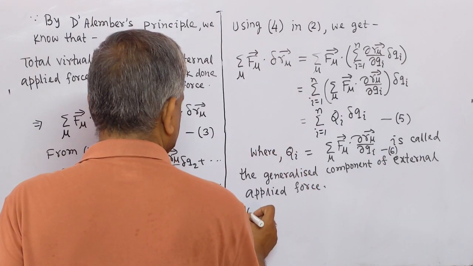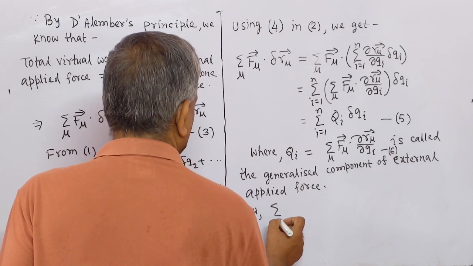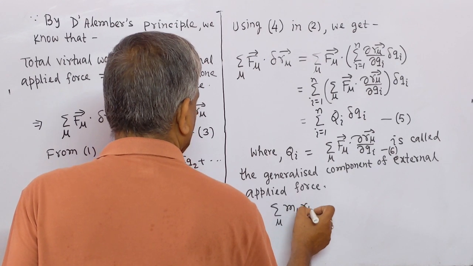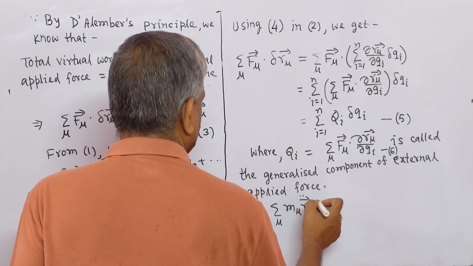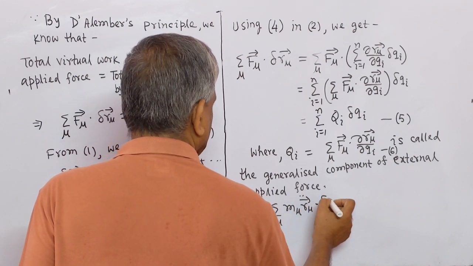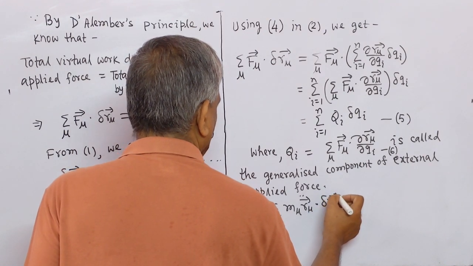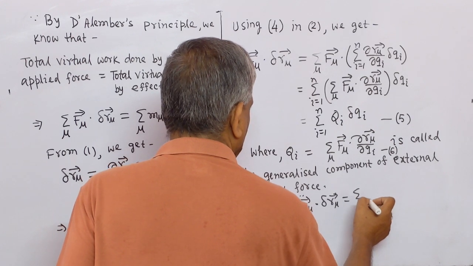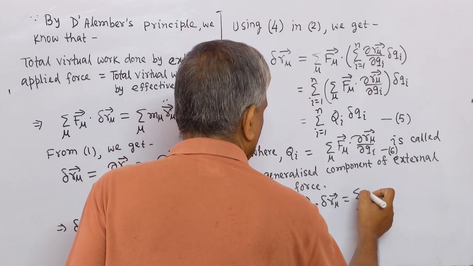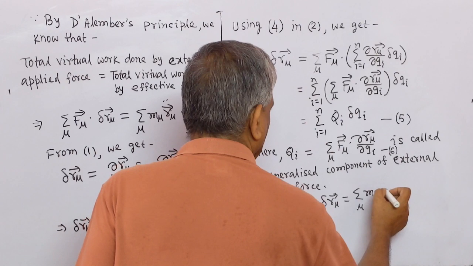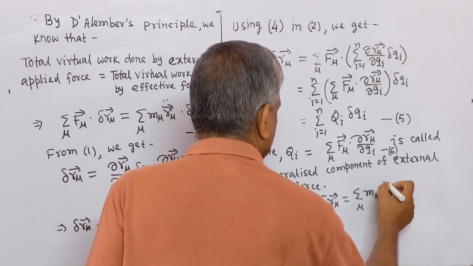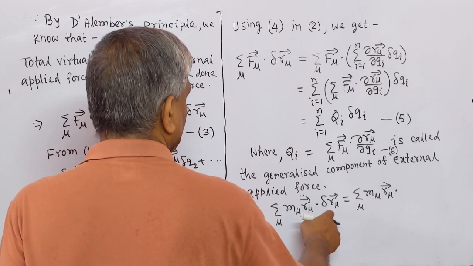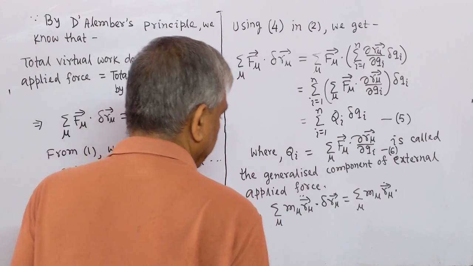Now sigma mu m mu R mu double dot delta R mu equals sigma mu m mu R mu double dot. We put the value of delta R mu taken from 4.